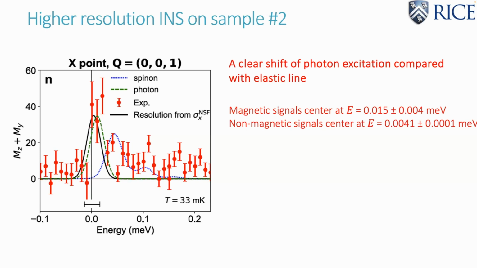In their case, I think they did equal time, which means integrating over the whole energy range, including the elastic line, but they do not know what happened at the elastic line. The problem with praseodymium is that it's a non-Kramers doublet. It's even more susceptible to the disorder effect.